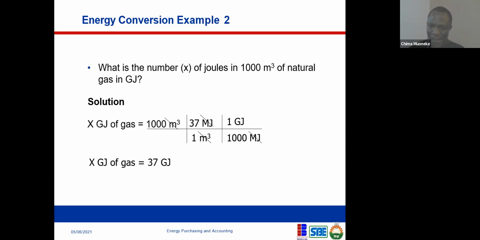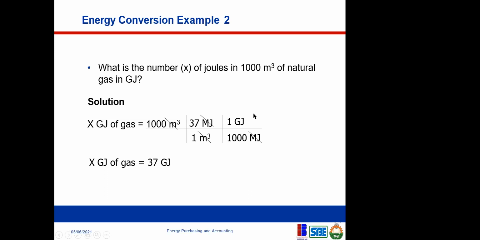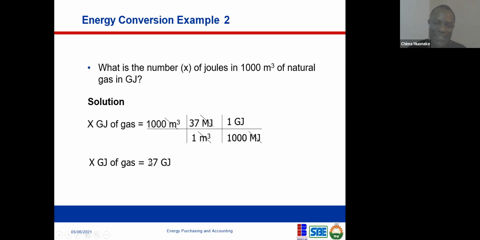Is that clear? Okay, so when you do the multiplication, you are going to arrive at 37 gigajoule. So 1,000 meter cube of natural gas is equal to 37 gigajoule. So that is the conversion for you.